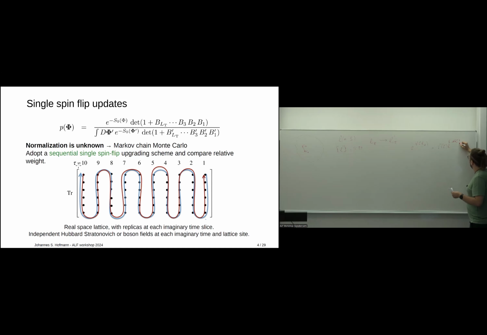There was the field phi of L, and then it coupled to the operator. And let me now specify I'm having a Hubbard interaction on the ith site. This is for the tauth time slice. And let's also say we have the density decoupling.